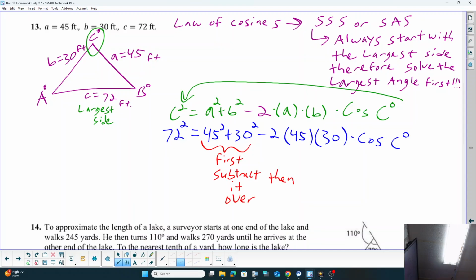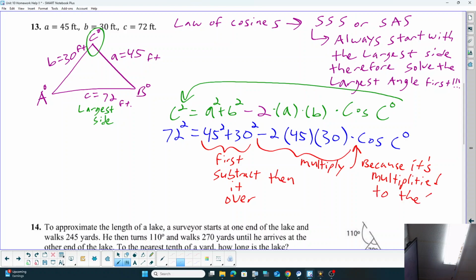Then you're going to multiply that together, and because it's multiplied to the cosine angle C, we have to then divide it over.